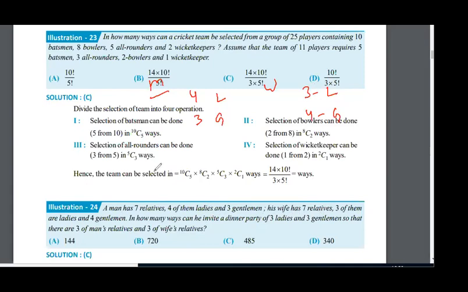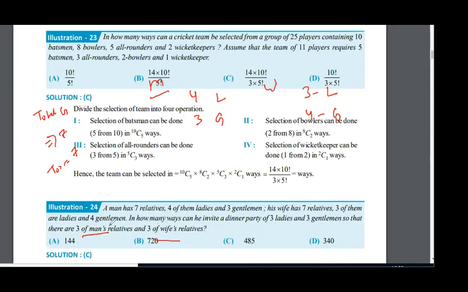Okay. Now, first of all, we have a condition. What condition? 3 of man's relatives and 3 of wife's relatives. So total gents, total men, how many? 7. Total women is equal to 7.